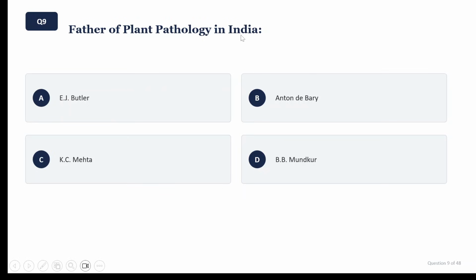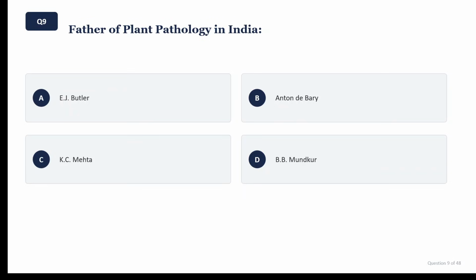Father of plant pathology in India, we all know, is E.J. Butler, first cryptogamic botanist in Calcutta. His book name is Fungi and Diseases in Plants. Fungi and plant diseases was written by B.B. Mundkar. This question will definitely come in multiple exams.